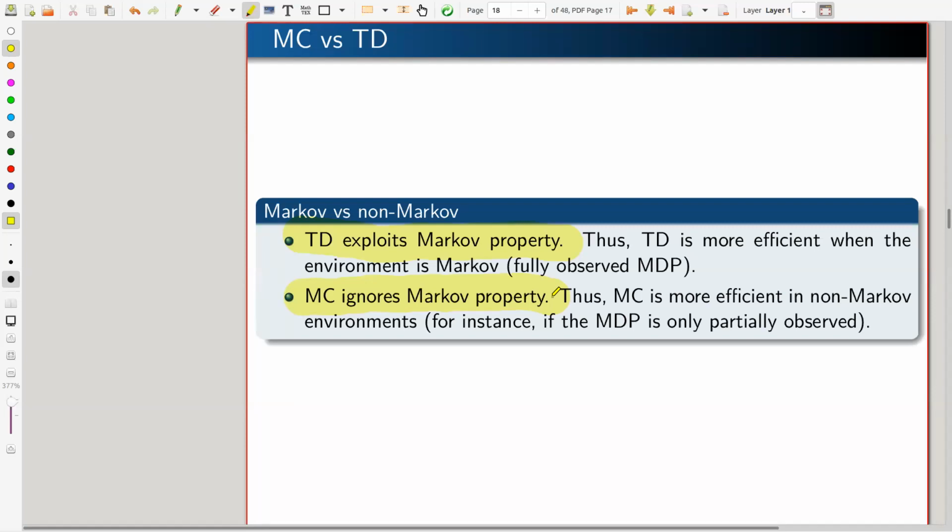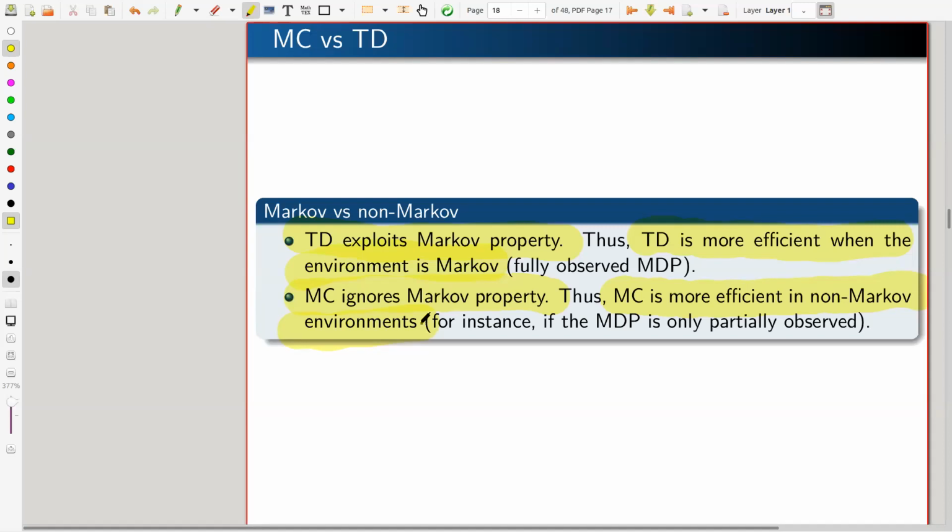So I don't care if the environment is Markov or not, because I'm just doing the true experience and computing the true value, an unbiased sample of the value I want to estimate. So this means, as a consequence, that temporal difference is more efficient when the environment is Markov. On the other side, Monte Carlo is more efficient when the environment is non-Markov.